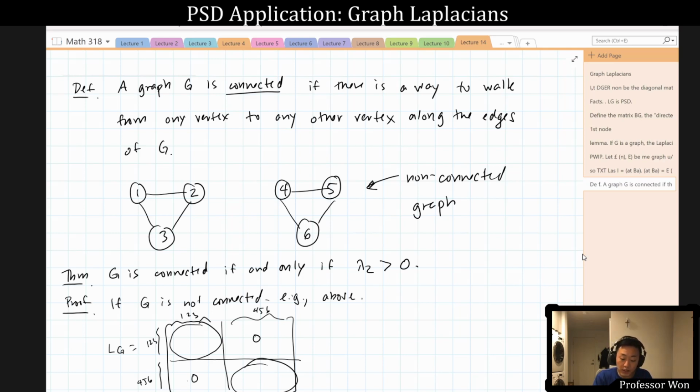Once you know that it looks like this, you can find two different eigenvectors with eigenvalue 0. Namely, you take just ones in the first component or ones in the second component. So these are both eigenvectors with eigenvalue 0.